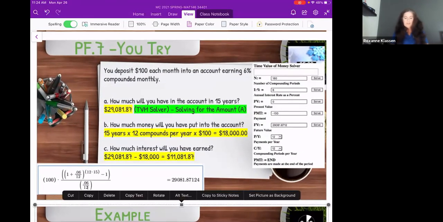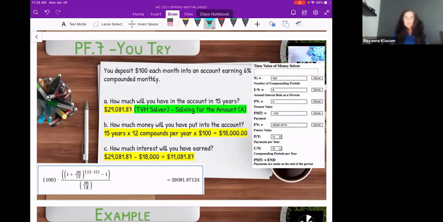So this is what it will look like if you're using the TVM solver. You put in 180 for N because that's 15 times 12. You put in 6 for the interest rate. Make sure you changed your interest rate from 8 to 6. That's what I notice a lot of people do incorrectly. They just leave it from whatever it was the problem before.